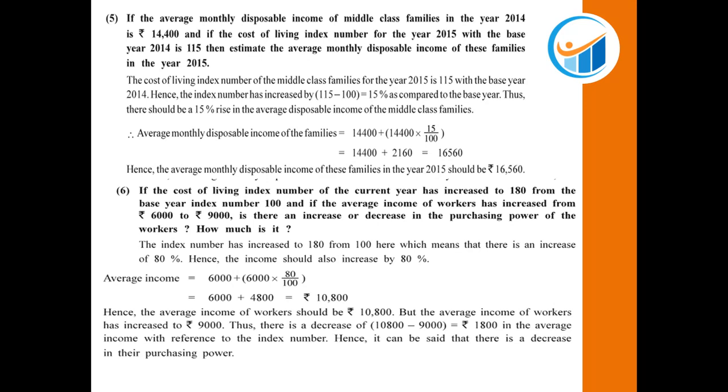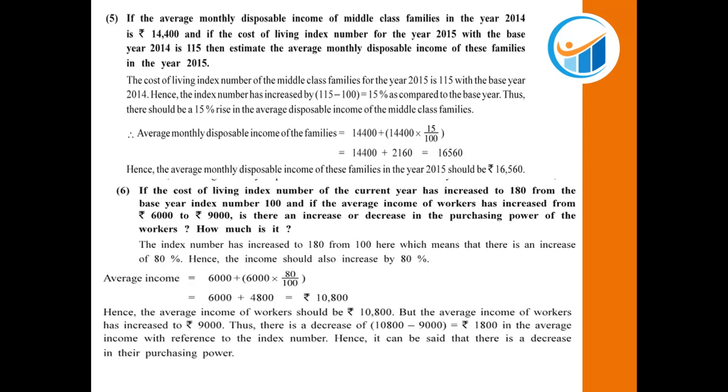Then what would be the average monthly disposable income of middle class families in the year 2015 will be? हमने एक इक्वेशन बनाया 100 पे 14,400, तो 115 पे कितना, क्रॉस मल्टीप्लाई we do 115 into 14,400 divided by 100, you directly get the answer, that is 16560.